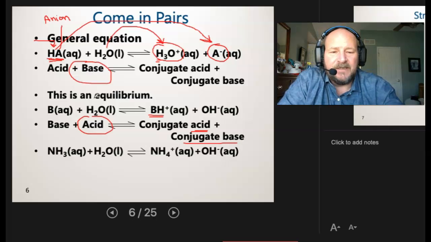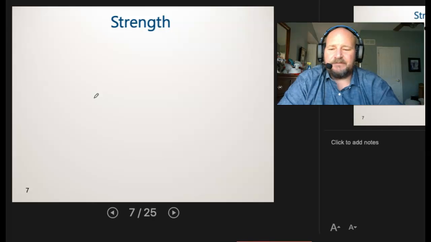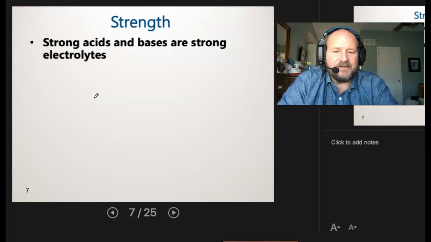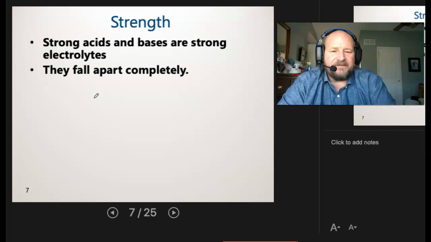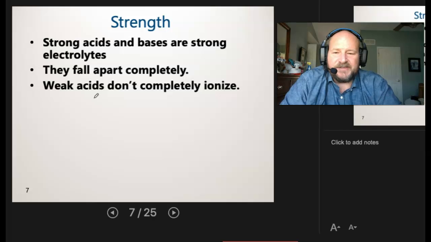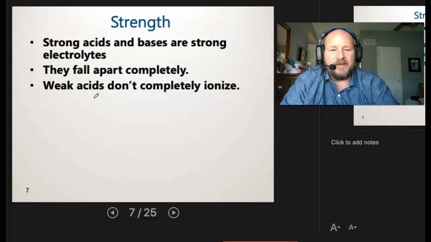Now, how do we keep track of strength? Well, strong acids and bases are strong electrolytes, and as I mentioned earlier, that means they fall apart completely. Weak acids and weak bases will not completely ionize. Now, when we talk about strength with an acid, or we talk about strength with a base, we're talking about their electrolyte capabilities here.